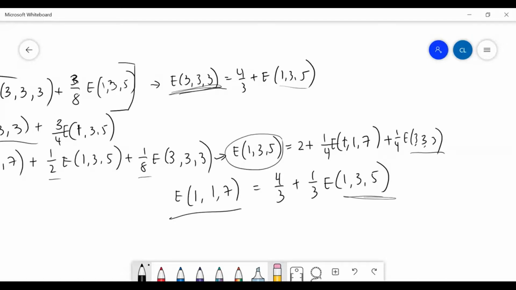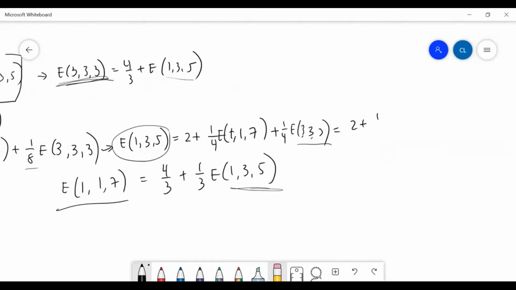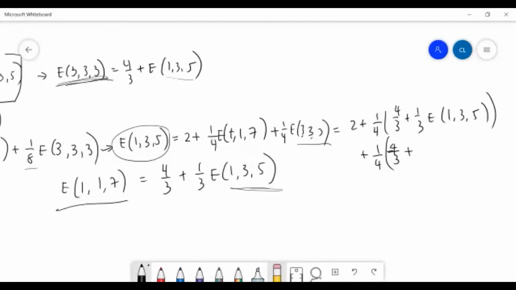So we can do this: 2 plus 1/4 times 4/3 plus 1/3 E135 plus 1/4 times the other expression plus E135.